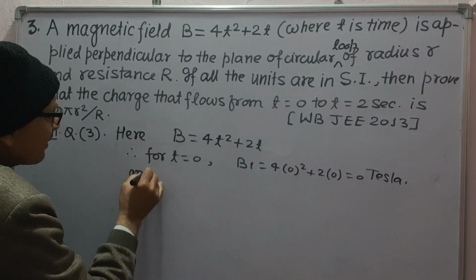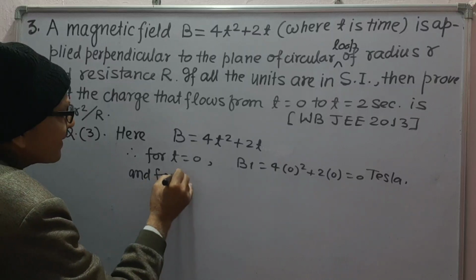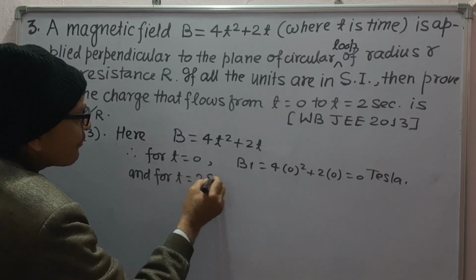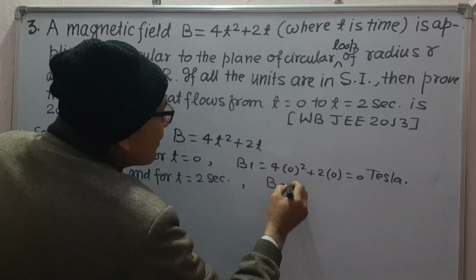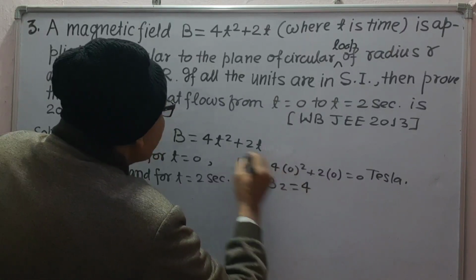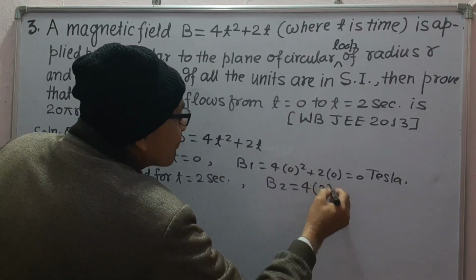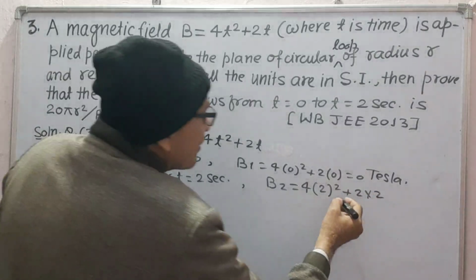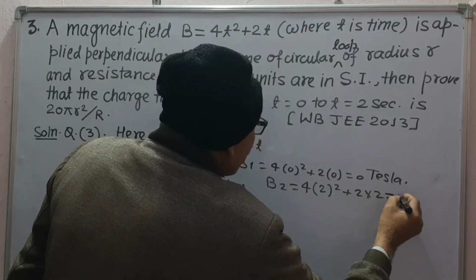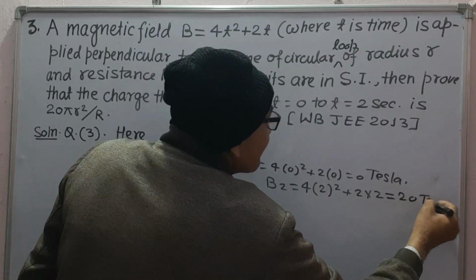And for t is equal to 2 second, B2 will be equal to 4 into 2 square plus 2 into 2, which is 20 Tesla.